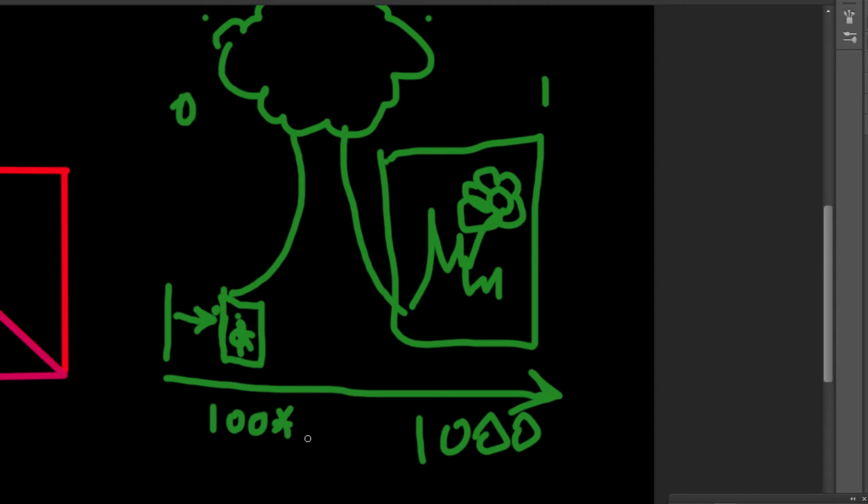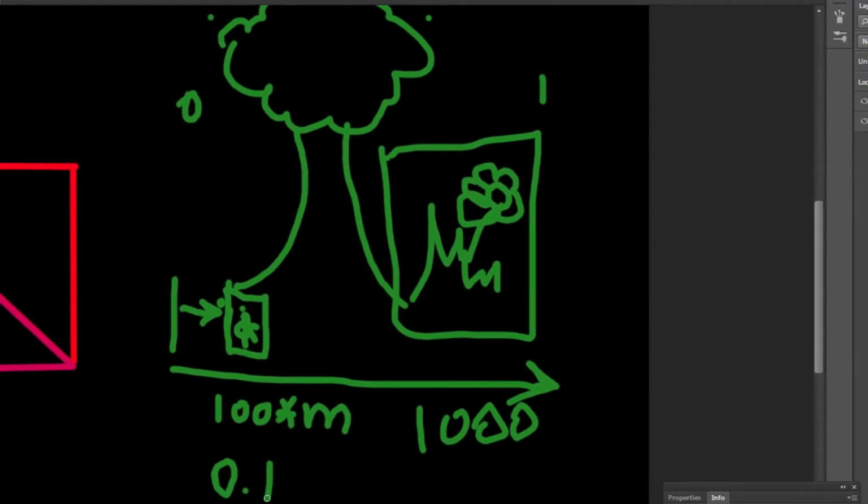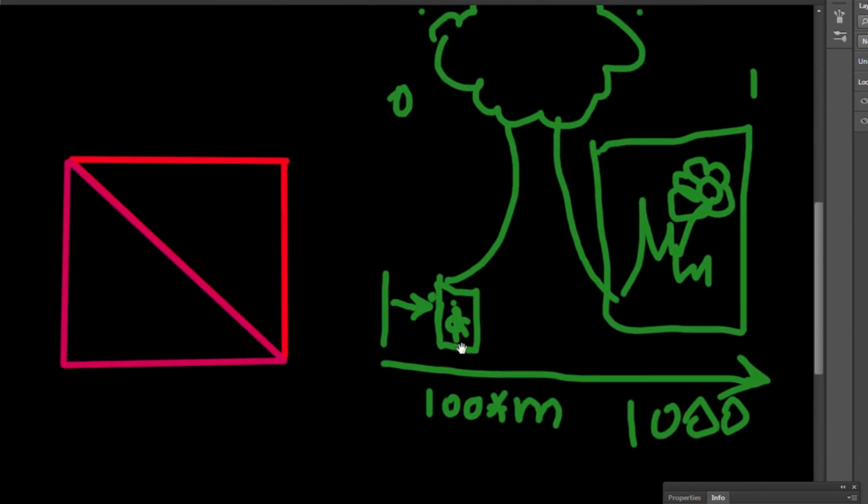So we'd multiply it by m, which is the multiplier, and that would probably give us 0.1 into the texture, so that's between 0 and 1.